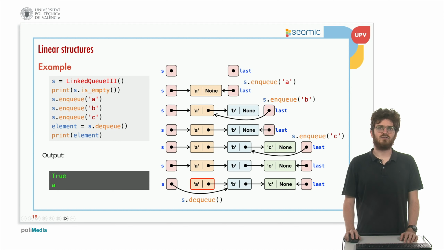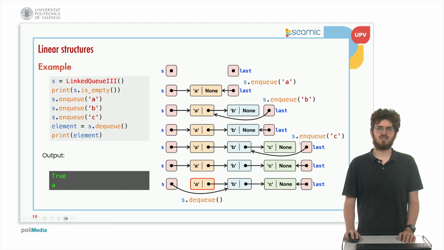And A itself points to no element because it's the last one. Again, if we enqueue a new object, first the head is not altered, so it still points to A, A points to B, and the last element should be updated to point to the new last element, which is B.